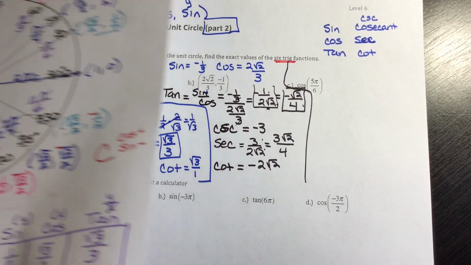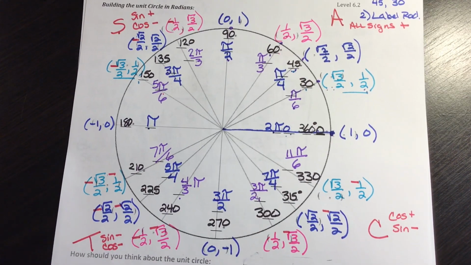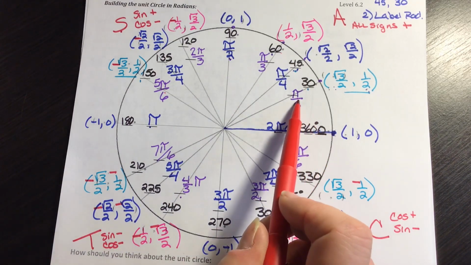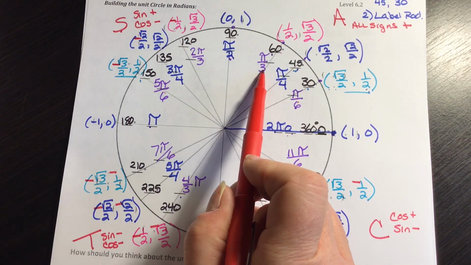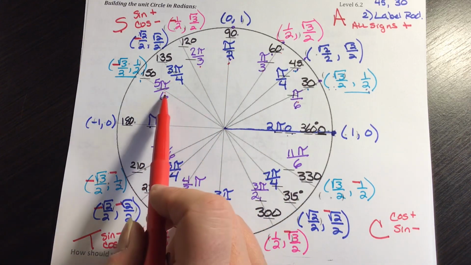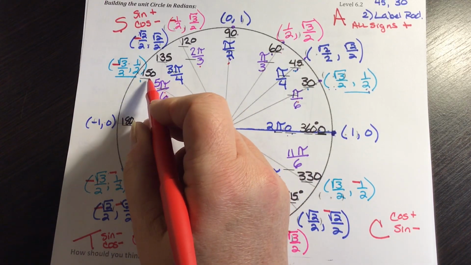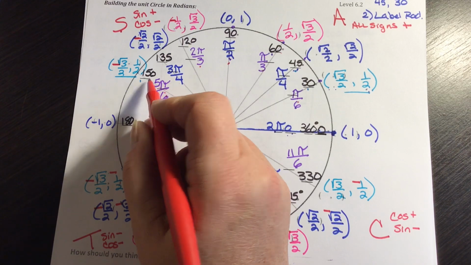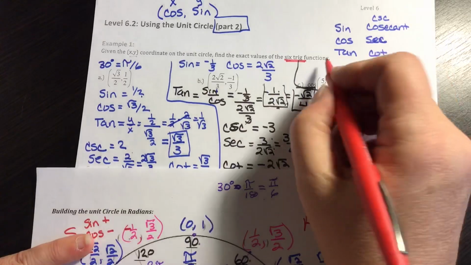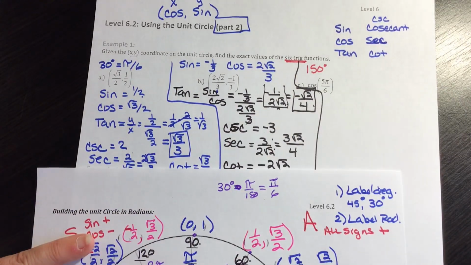If I find 5 pi over 6, 1 pi over 6, 2 pi over 6, 3 pi over 6, 4 pi over 6, here's 5 pi over 6. So 5 pi over 6 is the same as 150 degrees. So I'm going to write that down.